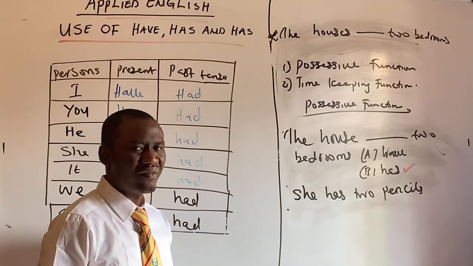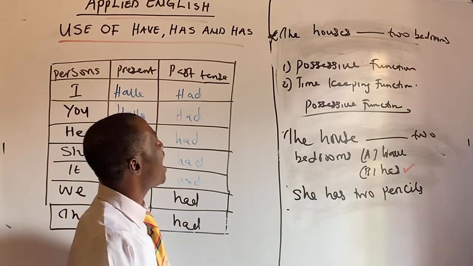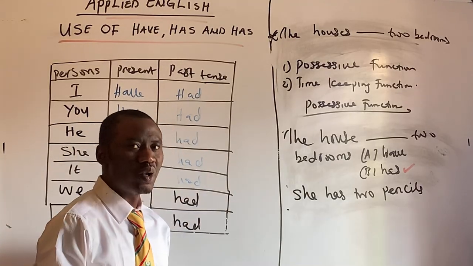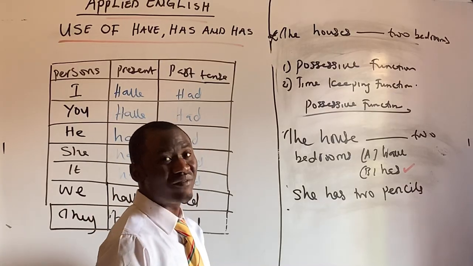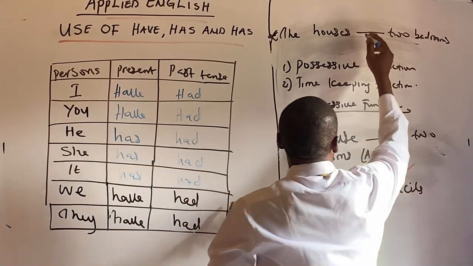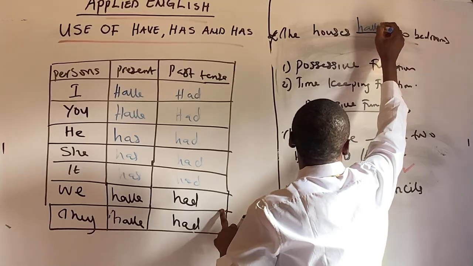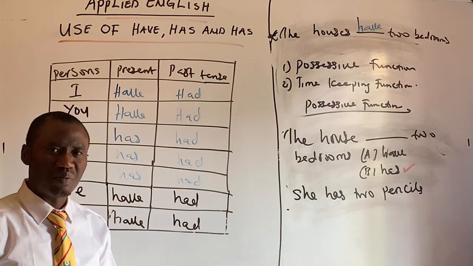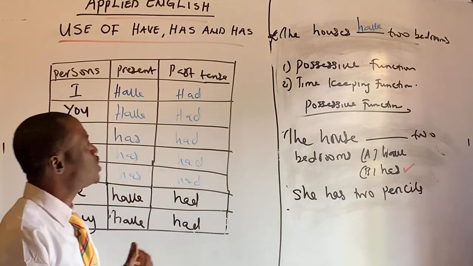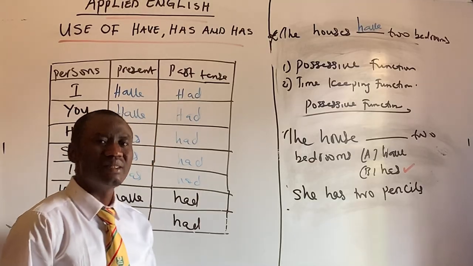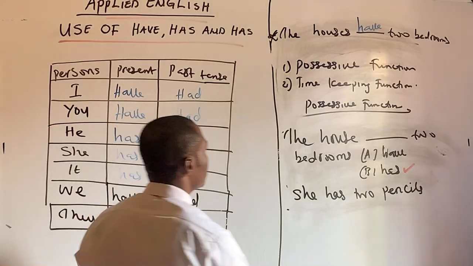Is it have or has? Well, we have houses, which is a plural form. So it will attract the plural verb, have. The houses have 2 bedrooms. Now, let's go to the next function, which is the timekeeping function.